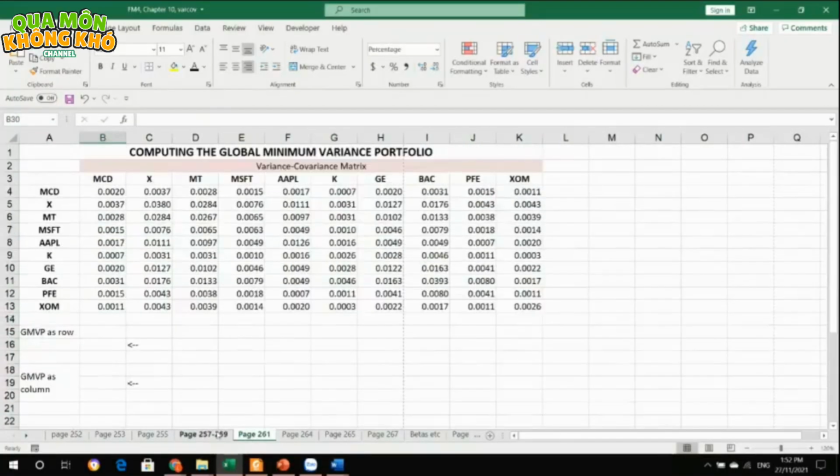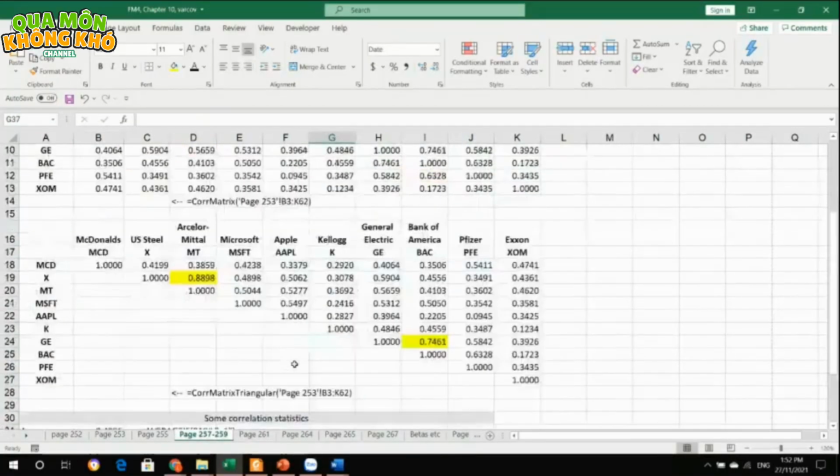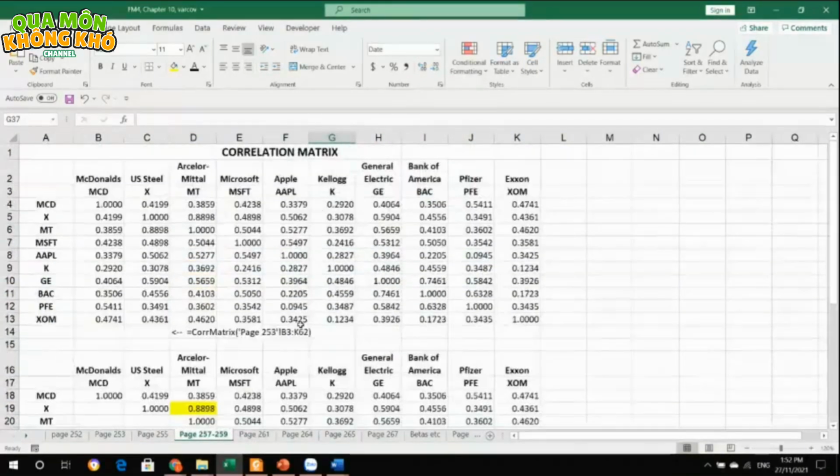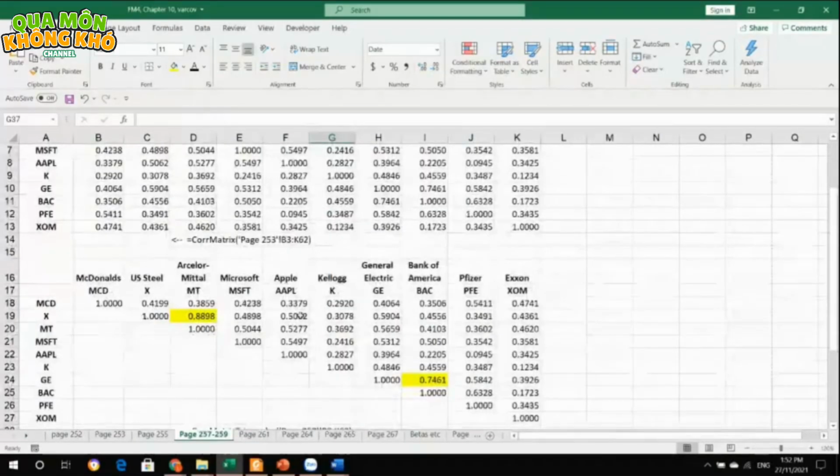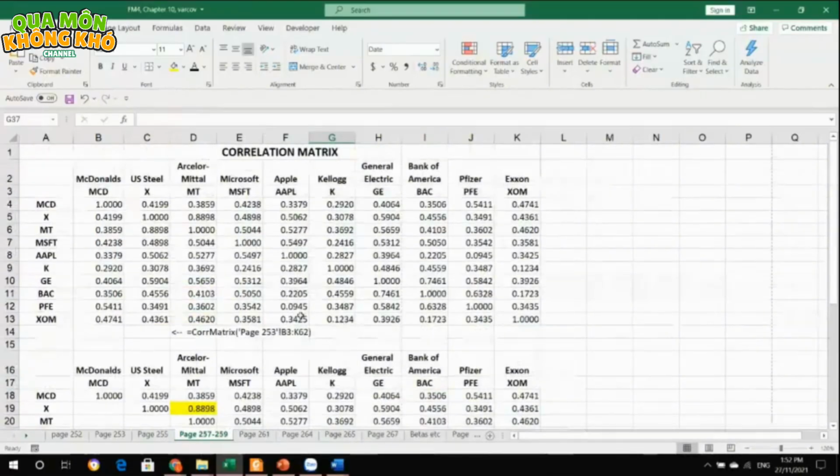Okay, just hold a second here. I want to ask you a question. If we have a covariance matrix, how can we transform the covariance matrix into the correlation matrix?